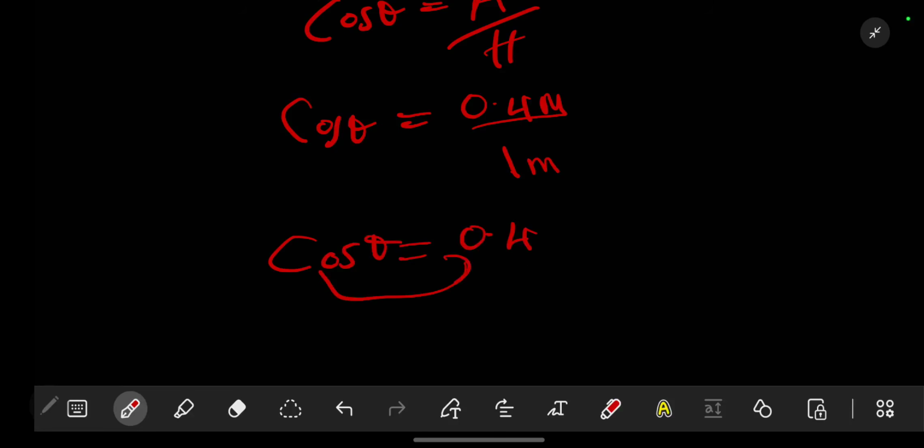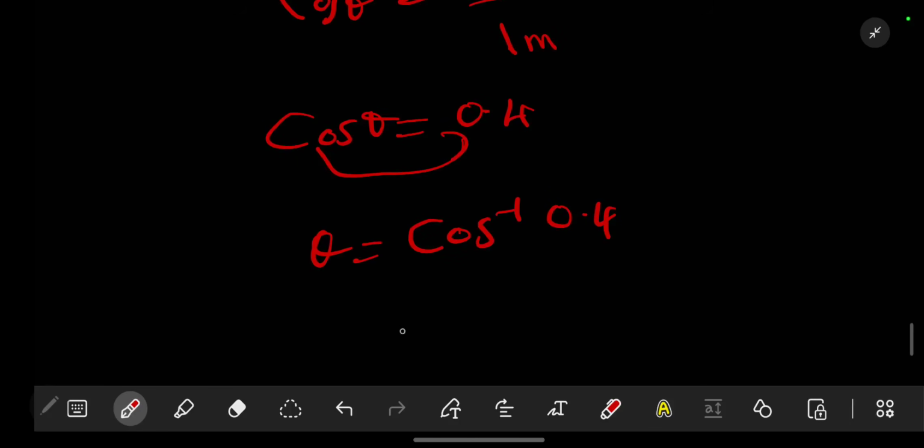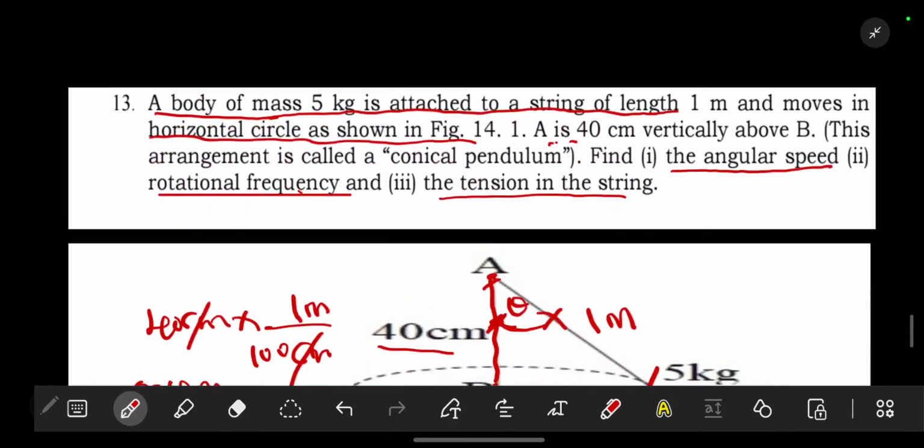Take the cos to that side, theta should be equal to cos inverse of 0.4. When we press cos inverse of 0.4, it's giving us 66.42 degrees. So this is our angle.